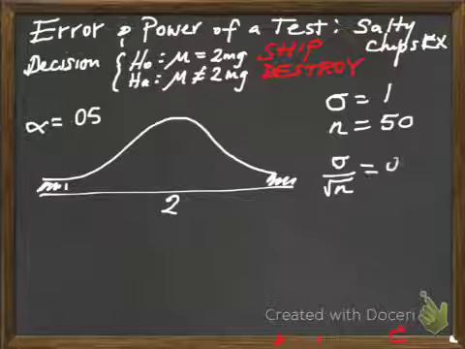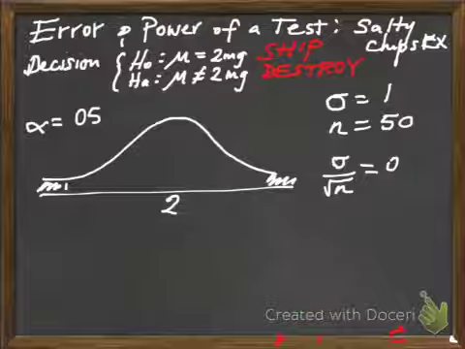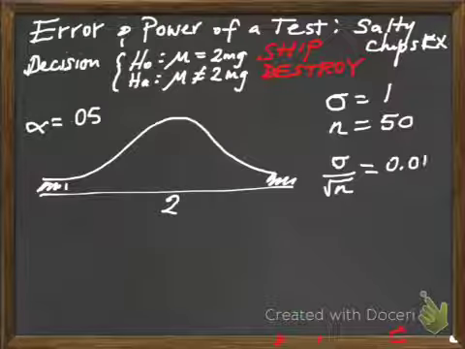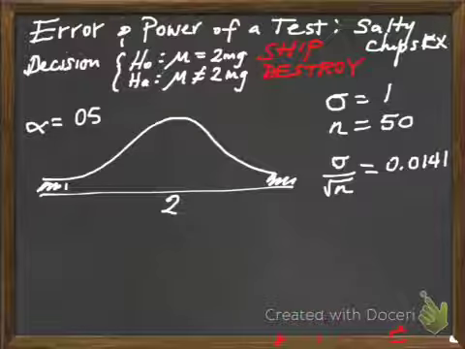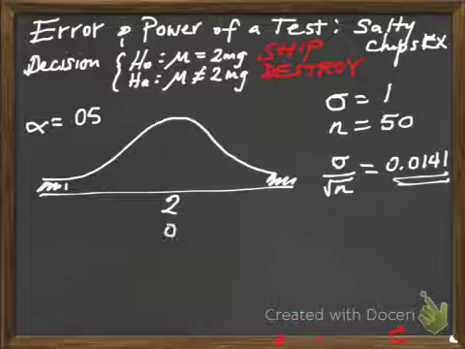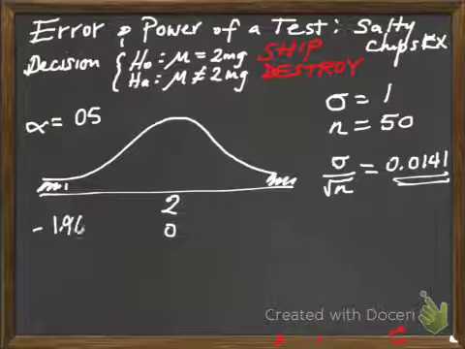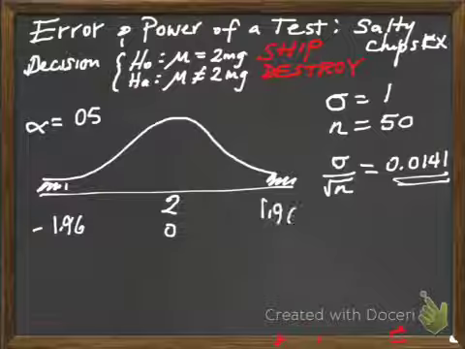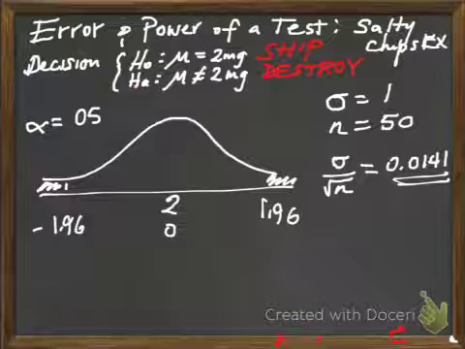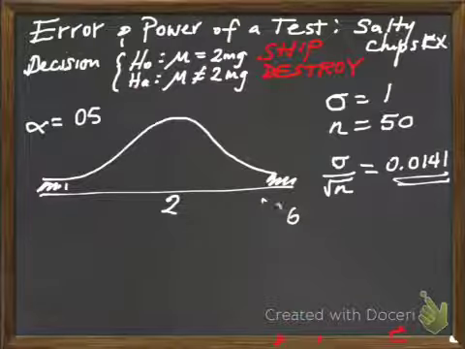So take 1 divided by the square root of 50, it's something like that. And this is actually the standard deviation we're going to use. It's the sampling standard deviation, right? So these critical values, if this were a 0, this would be a negative 1.96, and this would be a 1.96. But we're going to turn those into real numbers. Let me erase those.